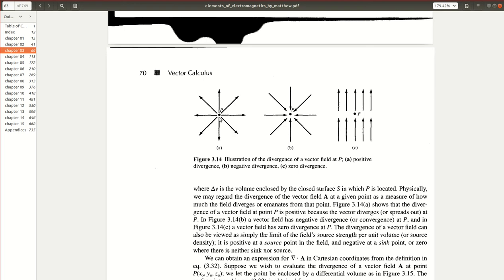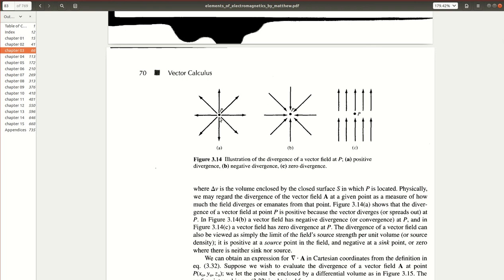You see a lamp, and the light comes out of it to everywhere. It is electromagnetic, so it is distributed everywhere. This is the meaning of divergence.